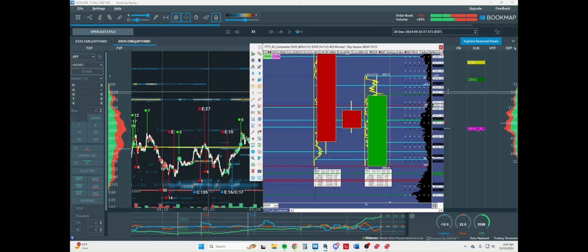So I'll combine however many days within that profile to get a micro composite VPOC, value area, high and low volume nodes for that particular profile. For a higher time frame composite, high and low volume nodes are shown here. And these dotted lines.